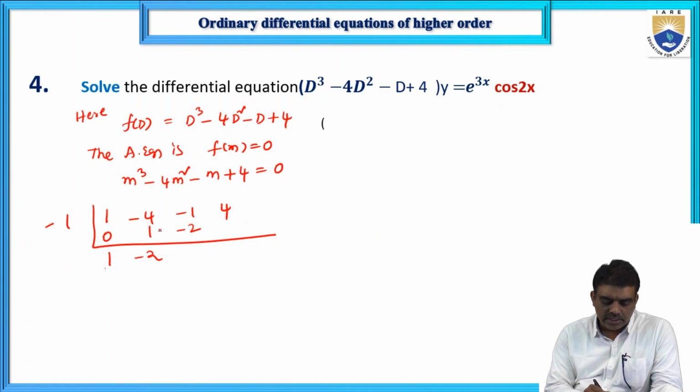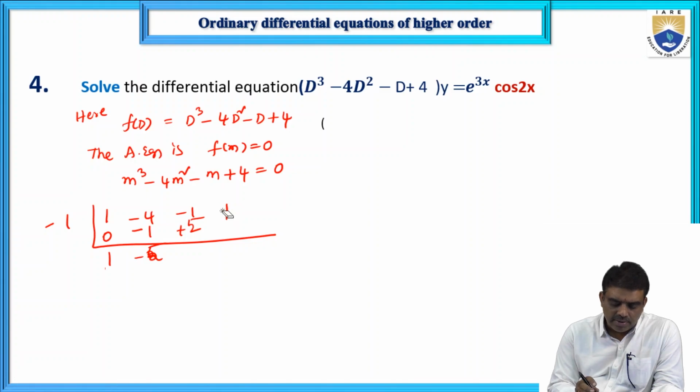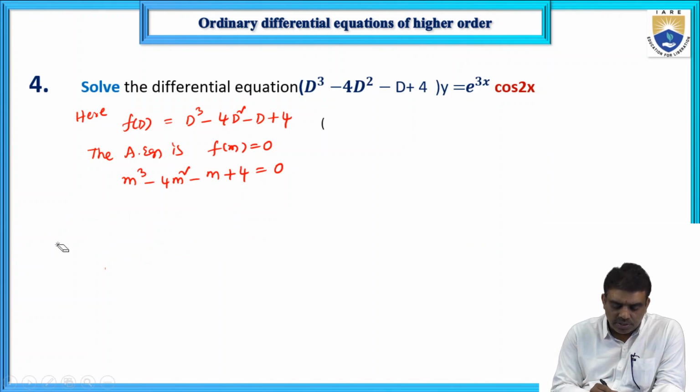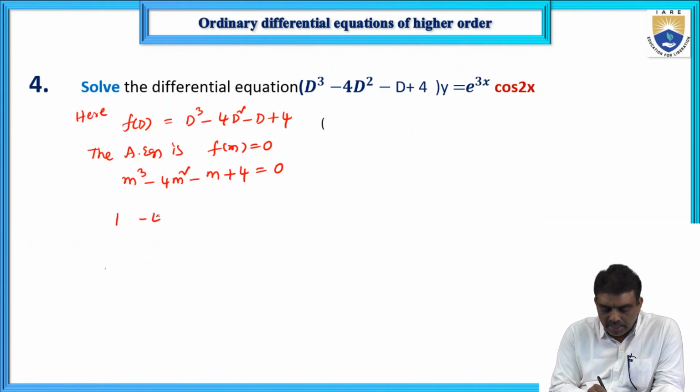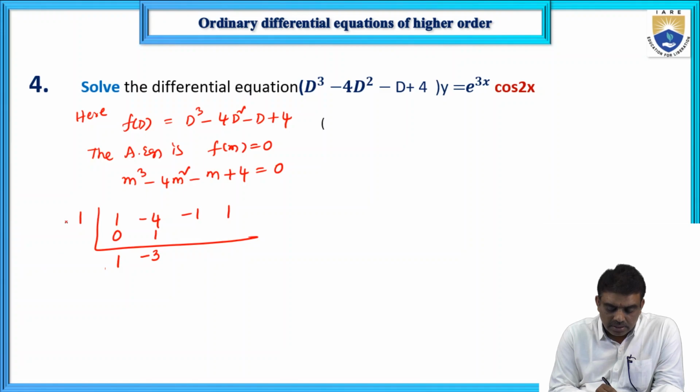So minus 4 minus 1 is minus 5 and plus 5. So I'll write once again. What are the factors we have to write here? 1, minus 4, minus 1, plus 4. Initially put 0 here. 1 ones are 1, minus 3.